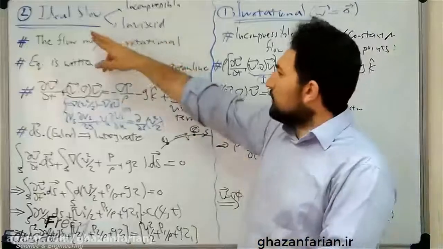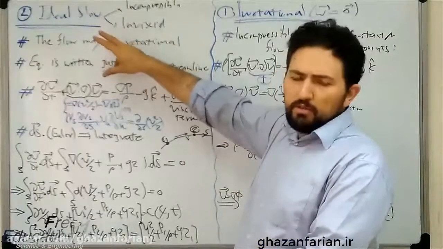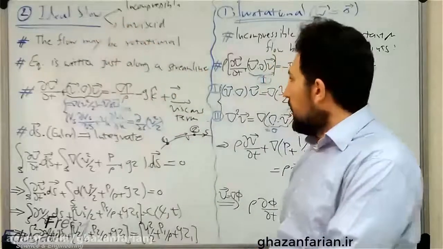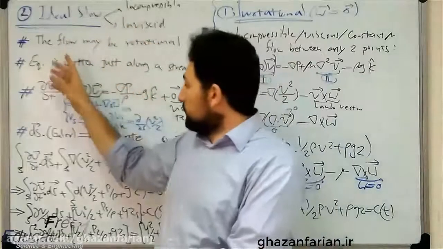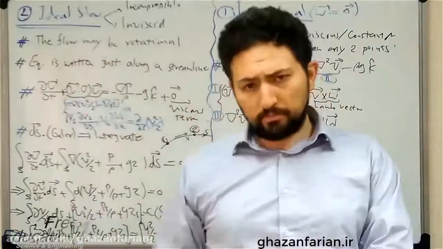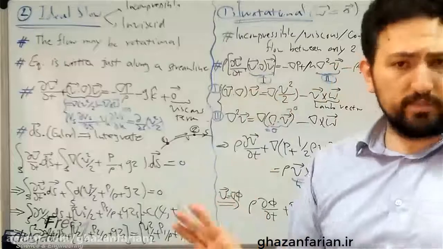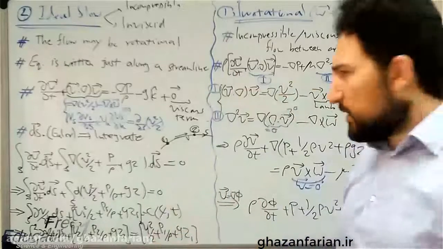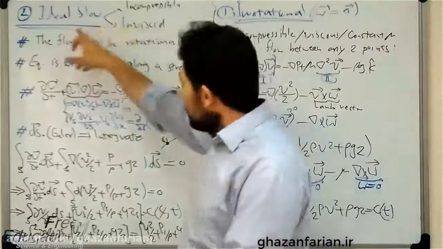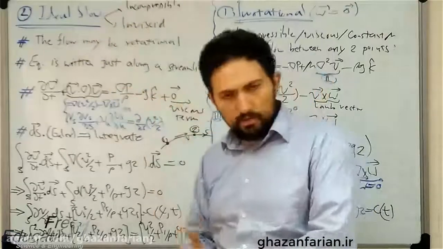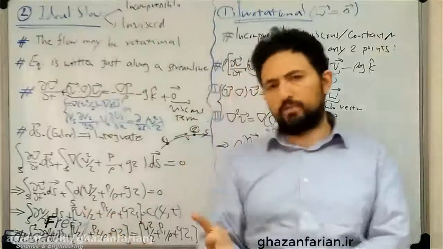This is a name which is used for incompressible and inviscid flows. During the derivation of this version of the Bernoulli's equation, I won't speak about the vorticity vector or the rotationality or irrotationality of the flow field. So the flow needs to be ideal, incompressible and inviscid, but in the meantime the flow can be rotational.